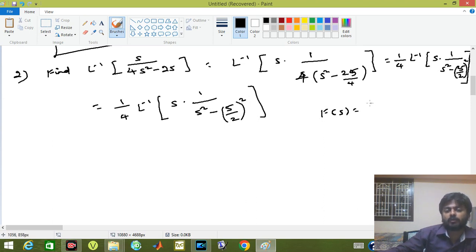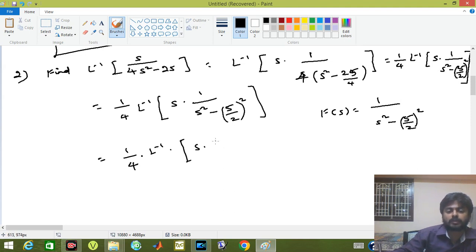Here f of s equal to 1 divided by s square minus 5 by 2 the whole square. Okay, so you must have 5 by 2 above. So for that I am multiplying and dividing by 5 by 2, L inverse of s into 2 by 5 into 5 by 2 divided by s square minus 5 by 2 the whole square.